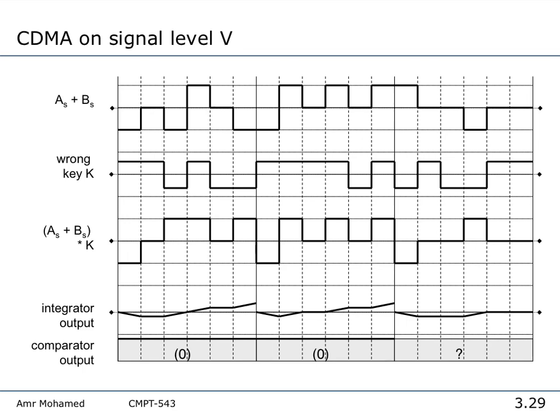If you multiply the K by this signal and apply the same integrator, let's see. First we go to minus 2 and then we go to 0. But then we go plus 2, right?